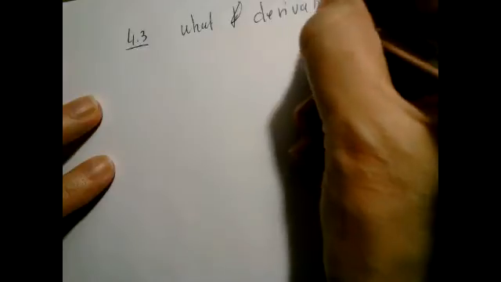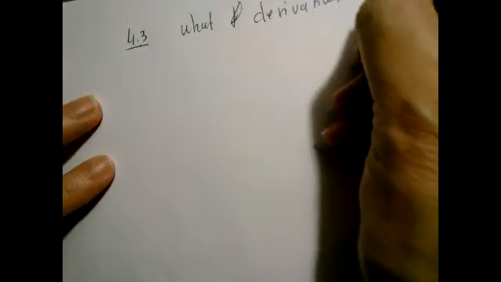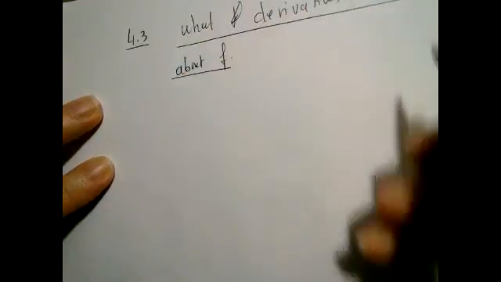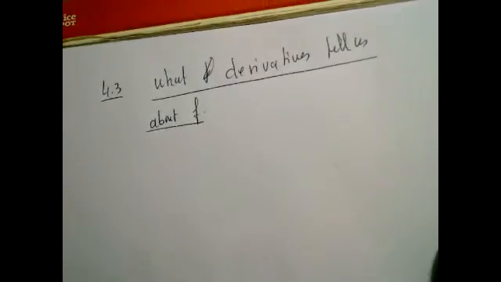We're going to move to section 4.3. And what the derivative tells us about the function. So what do derivatives tell us about the function? Basically, the derivative will tell us a lot about the function.